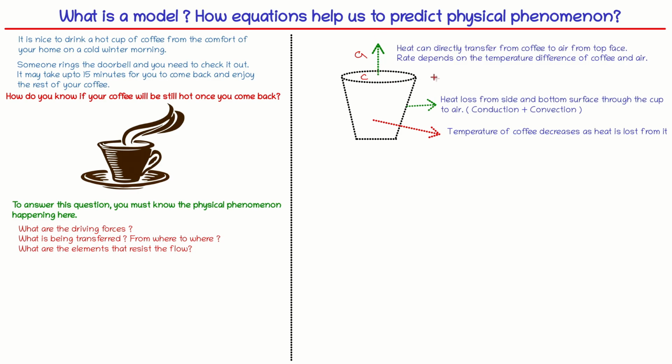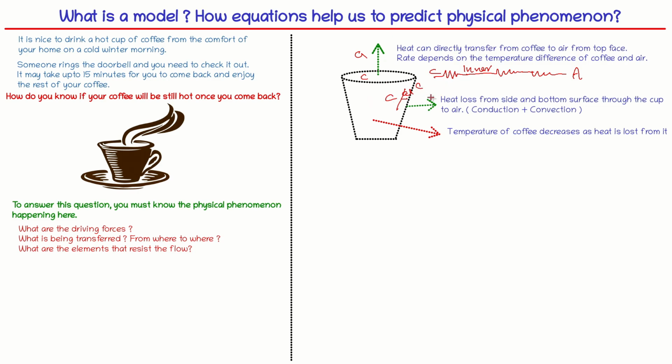There is a sequential, series process: the coffee, then the inner wall of the mug, then one more resistance of the outer surface, then the air. So this is a nested system of internal convection, then conduction, then external convection from coffee to mug to the air.